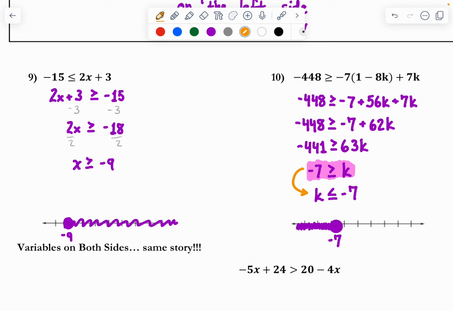What that is actually saying is k is less than or equal to negative 7. So if you're just straight up reading that greater than, you would think we're shading to the right, but the variable is not in the right spot. So you can change it at the end. I think it's probably best to just change it at the beginning and then roll through that problem.